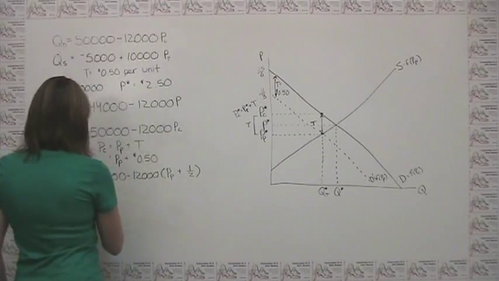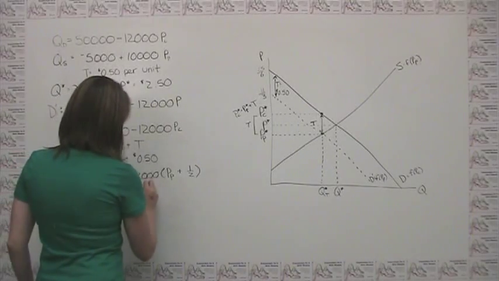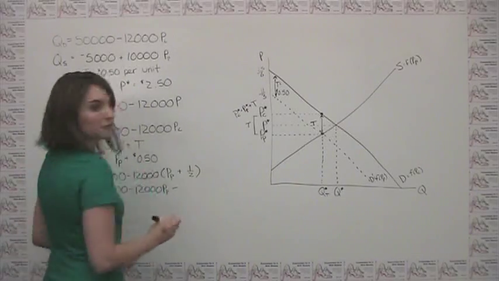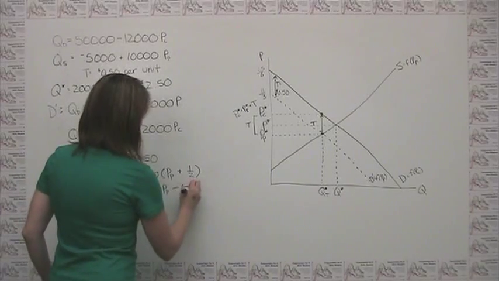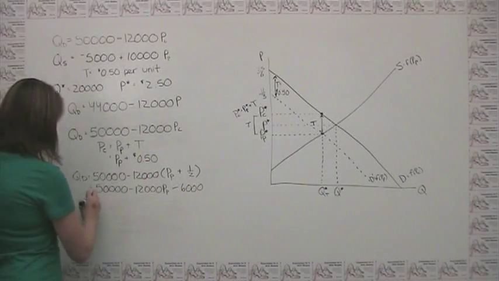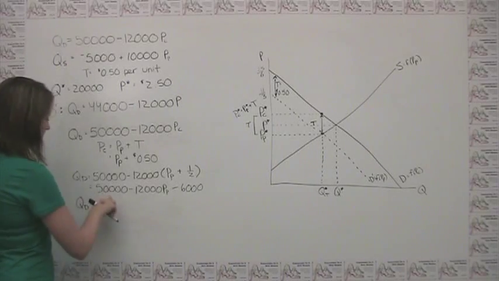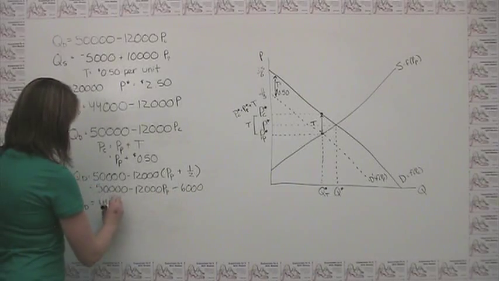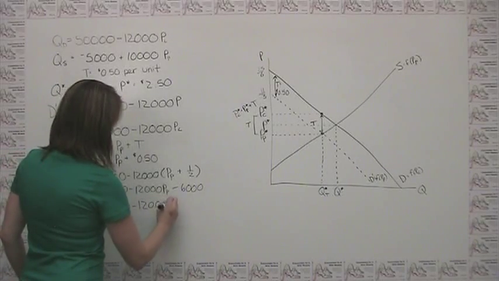This is equal to 50,000 minus 12,000 times the price that the producer gets to keep, minus, don't forget to distribute your negative, 1/2 times 12,000, which is 6,000. Now, just combining like terms, we get the same thing that we got before: quantity demanded is equal to 50,000 minus 6,000, which is 44,000, minus 12,000 times the price that the producer gets to keep.